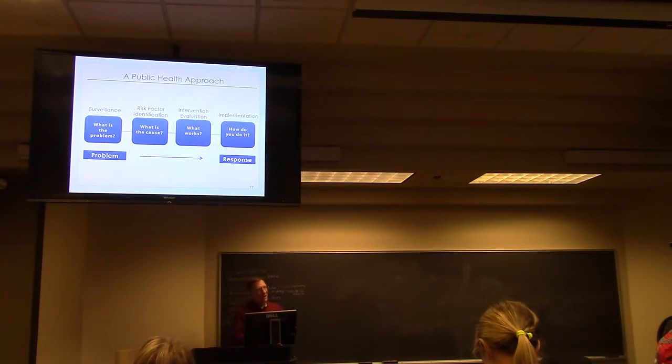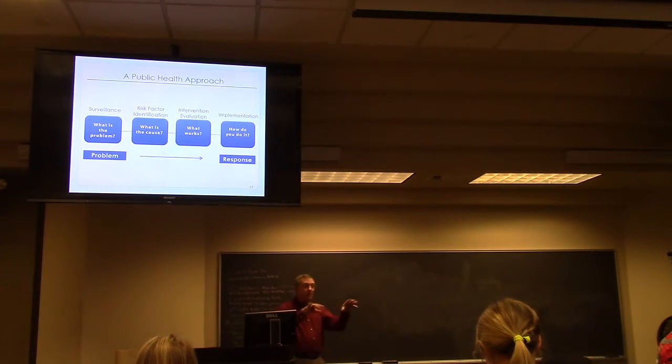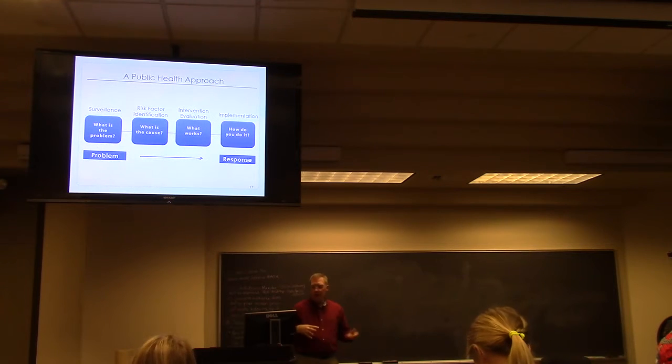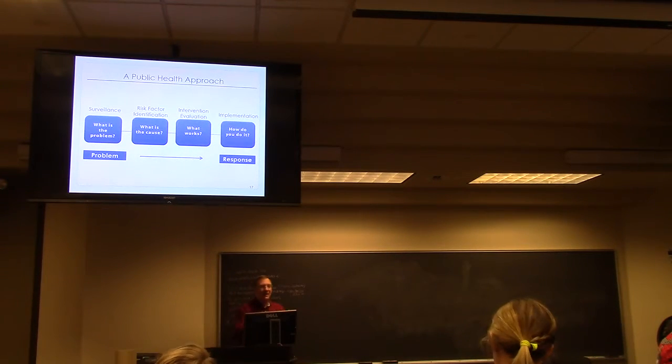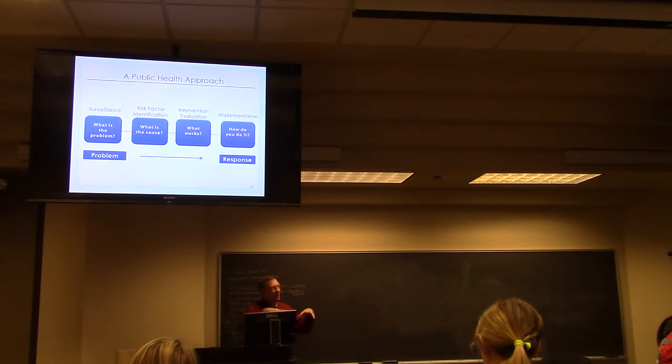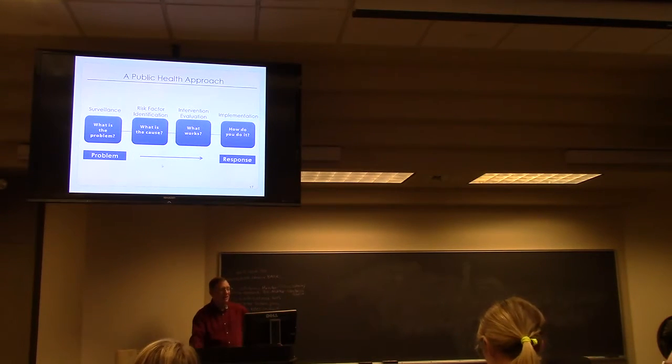Are there elements in the society? Are there behaviors in the society? Are there methods of transportation or movement of foods that are problems? All of those things could be looked at as risk factors. So risk factors can be not only elements of a human body, but also elements in the society or how things are wired together. Okay, so that's risk factor identification.